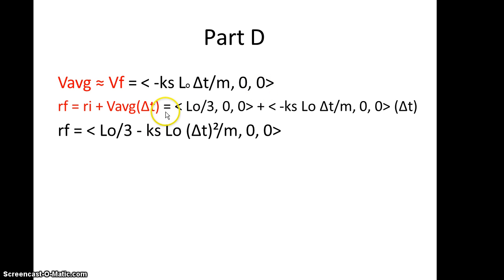So the initial position, as given in the problem, is L0 over 3 when it's at rest, comma 0, 0, along with the v average, which we just found, times delta t. We get the final position as L0 over 3 minus Ks L0 times delta t squared over m, 0, 0.